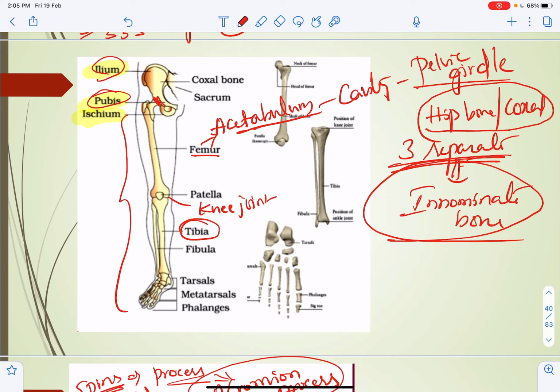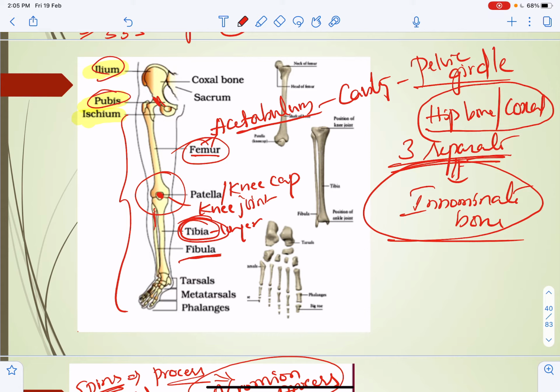In this case the tibia is longer than the fibula. Both the femur and the tibia, the lower leg bone, form the knee joint, and this knee joint is protected by a cap called the patella. The patella is also called the kneecap.